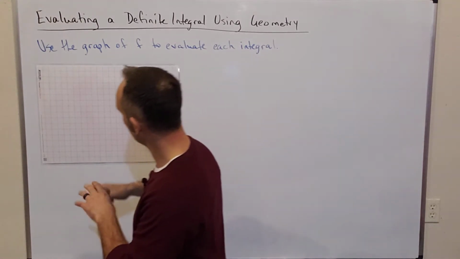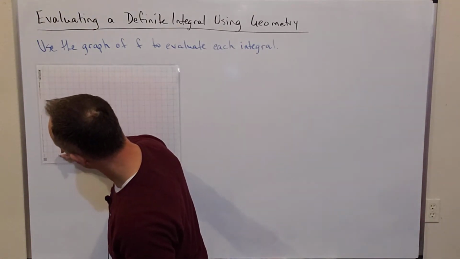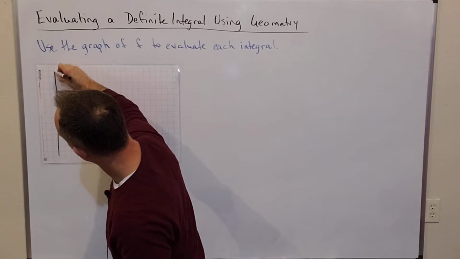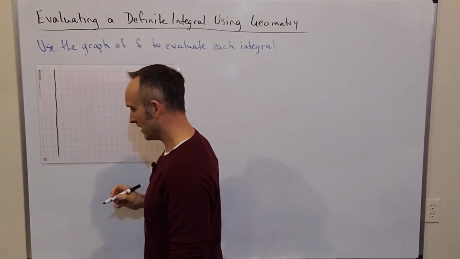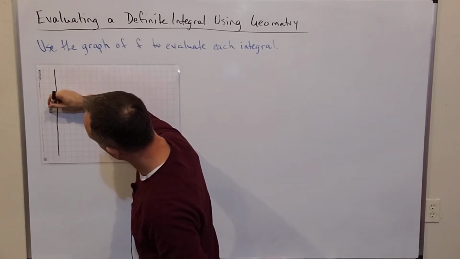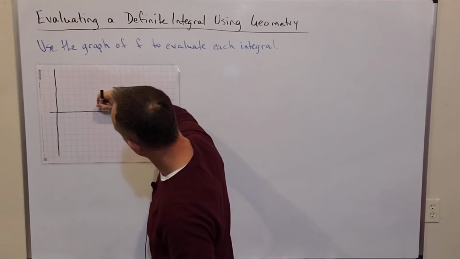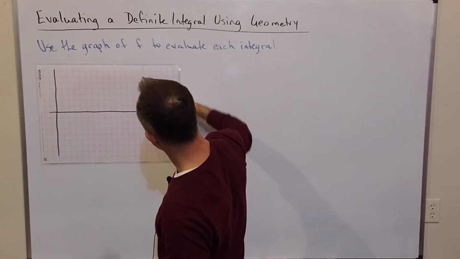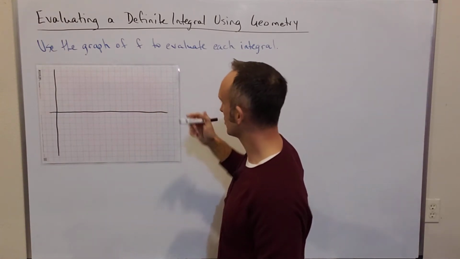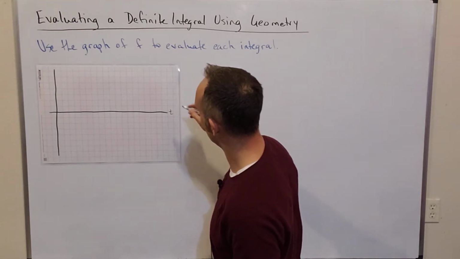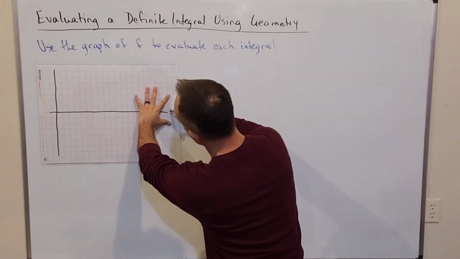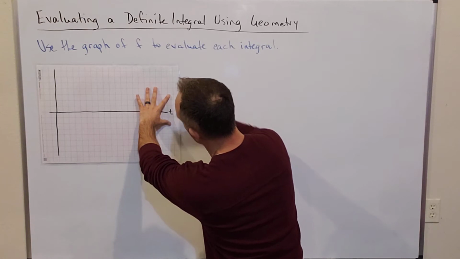So I'll set up my y-axis over here on the left side of the graph. So there's my y-axis. And then I'll set up my x-axis kind of in the middle of the graph paper. In fact, let's call this a t-axis instead, just so we can see that you can use different variables when doing your integral.